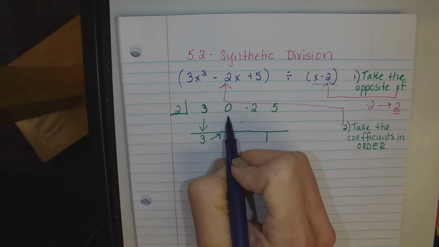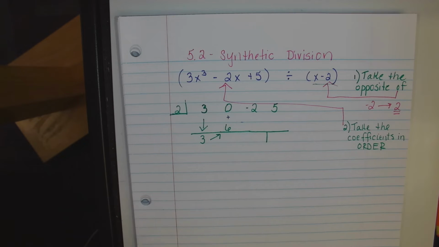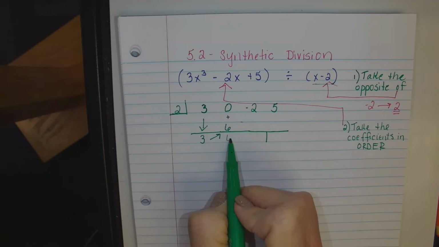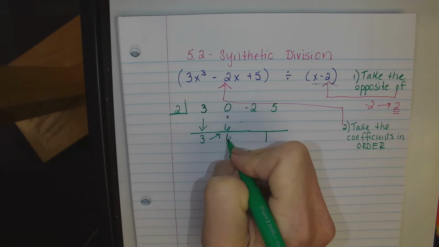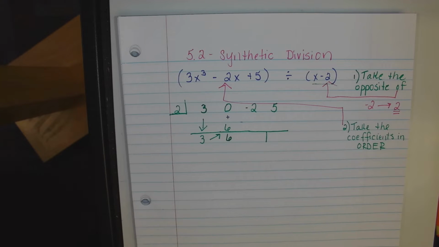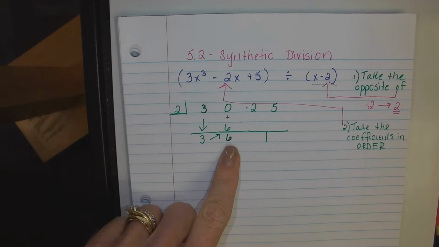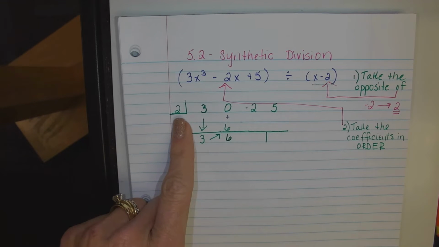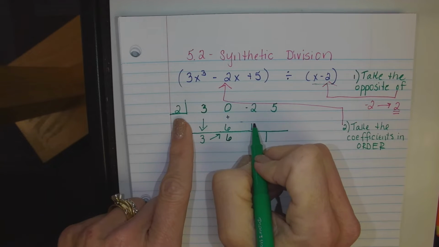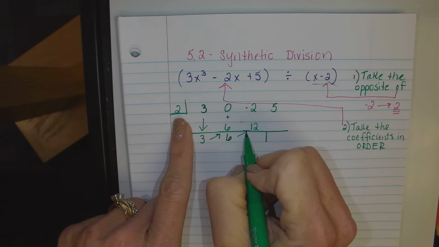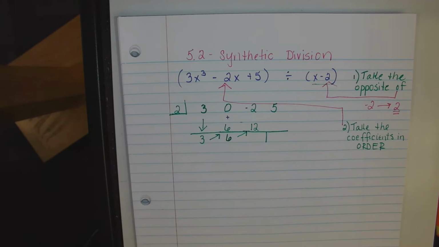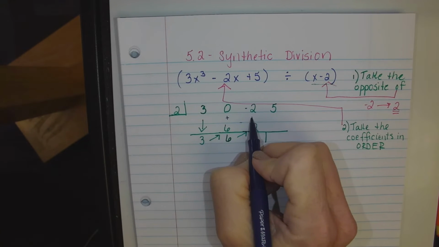Do this. What's 0 plus 6? 6. Now, what's 6 times 2? 12. Okay.